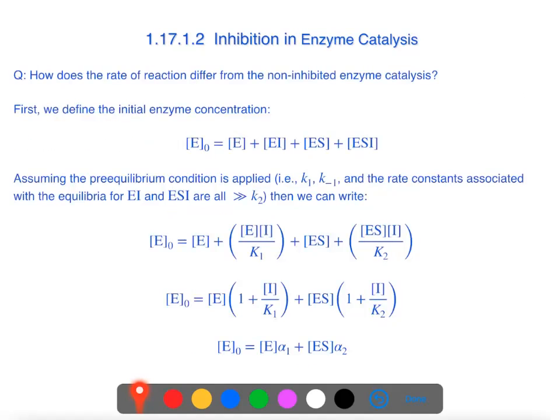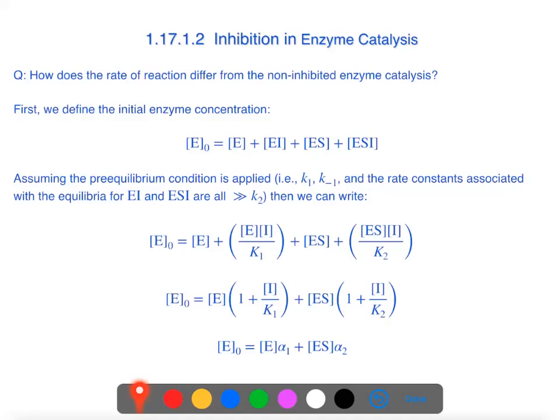So the question we should ask ourselves is, how does the rate of reaction differ from the non-inhibited enzyme catalysis? Well, first, we need to define the initial enzyme concentration now in terms of all the species that contain the enzyme.